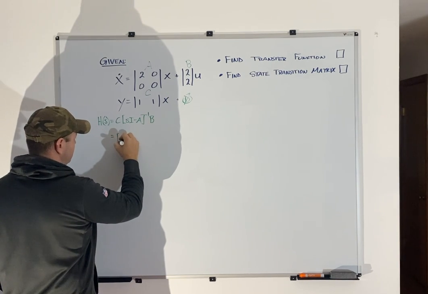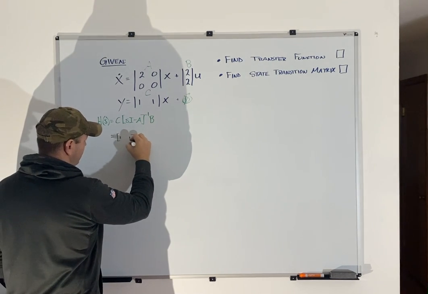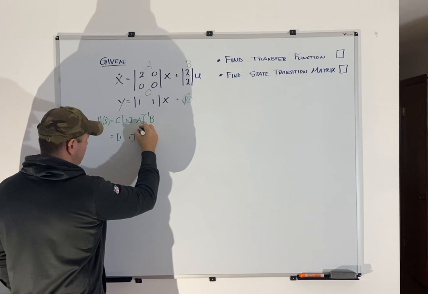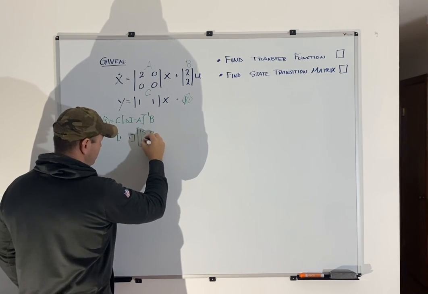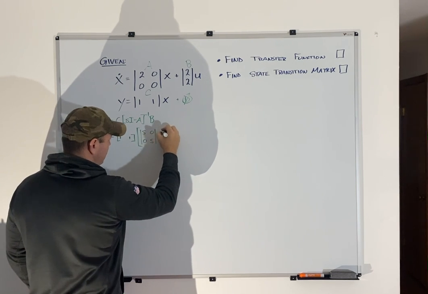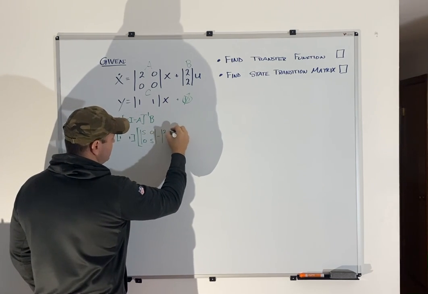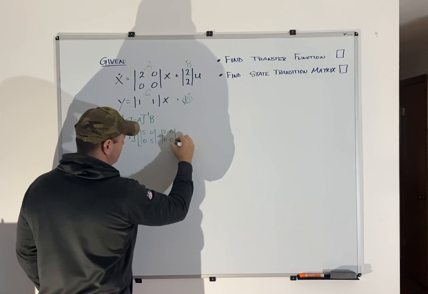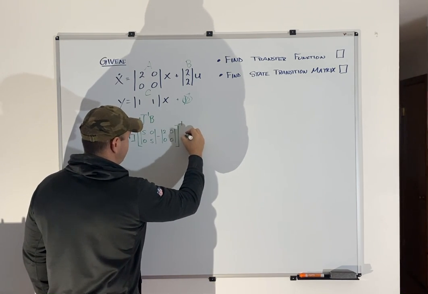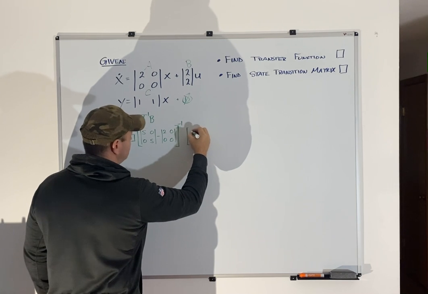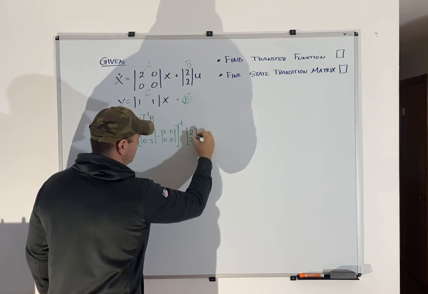C is 1, 1. S I minus A is S, 0, 0, S minus 2, 0, 0. And we'll be needing the inverse of that times B, which is 2, 2.